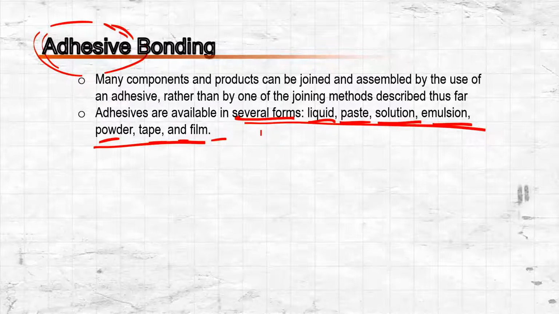I'm not sure if it's less hassle than welding or brazing, because you also need to prepare the surface to clean the joints before applying these adhesives. But I think it requires fewer components as compared to welding and brazing.